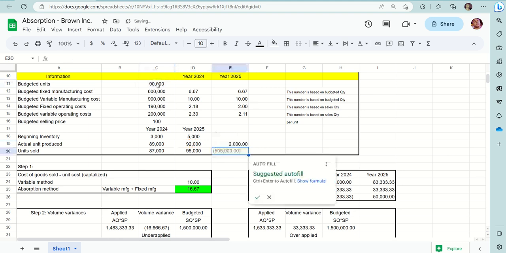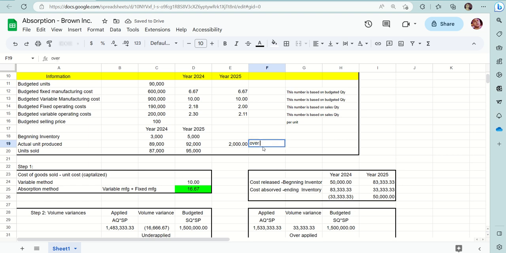So we produced 2,000 units extra. And this is how you know we over applied. We overworked. Think of it this way: we pressured our employees or labor or the plant to produce more. So this is how you know, by looking at the quantity, over applied or under applied.